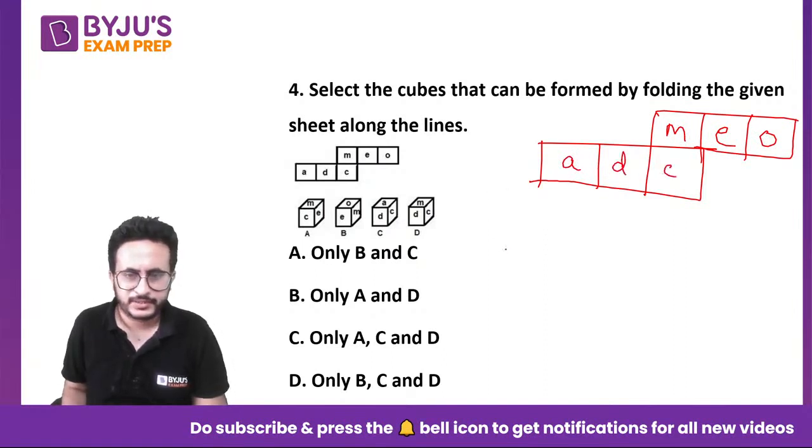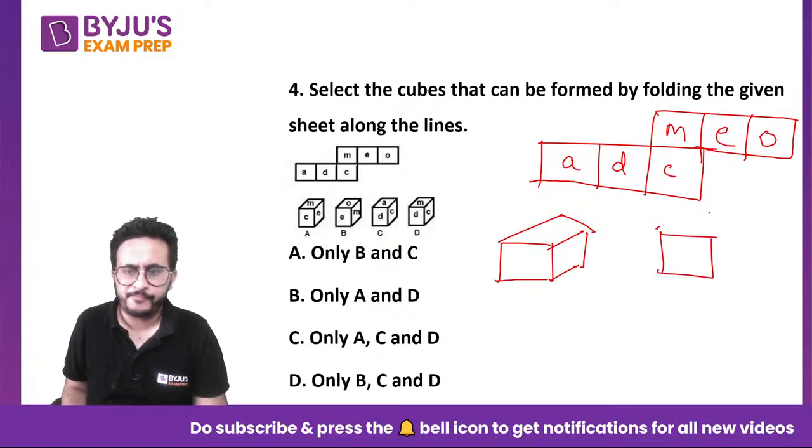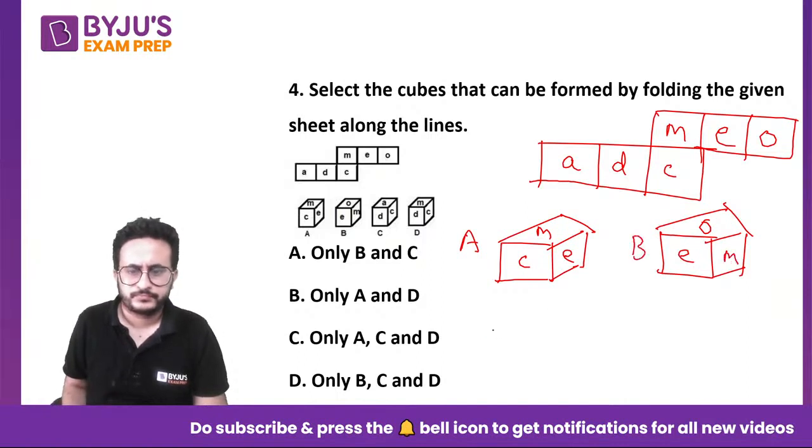Okay, and the cubes are in this order A, B, C, D. We need to tell which of the following can be formed using this cube.